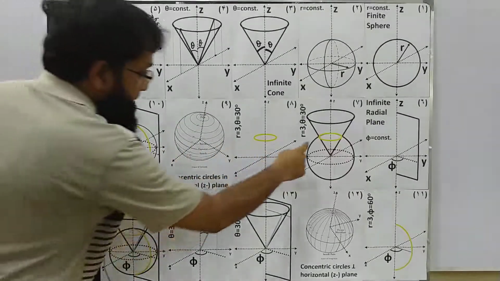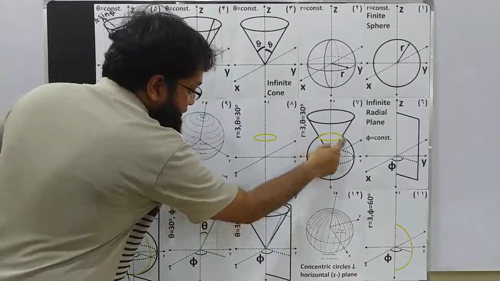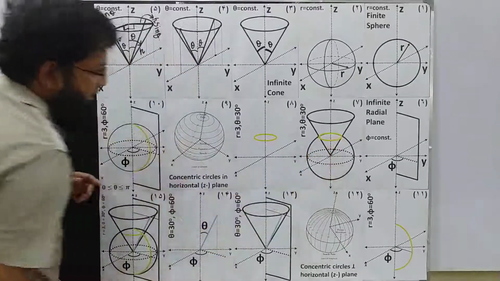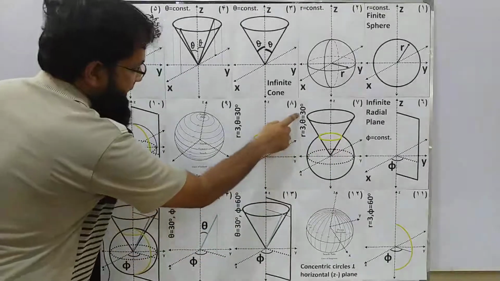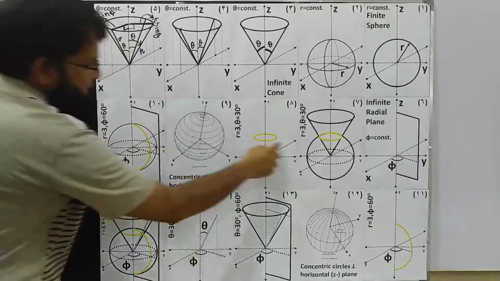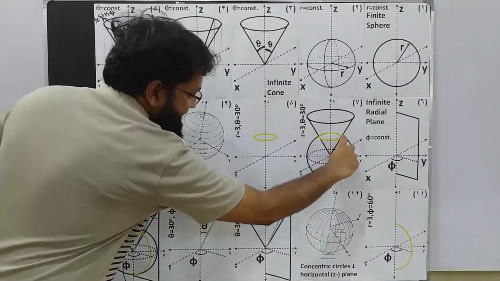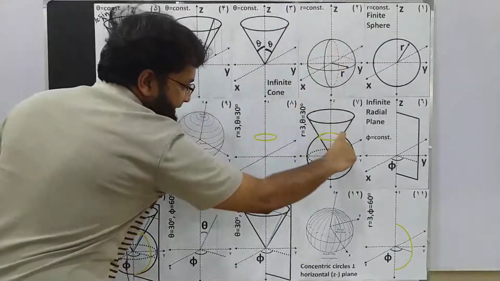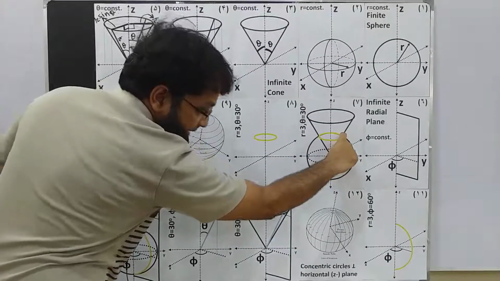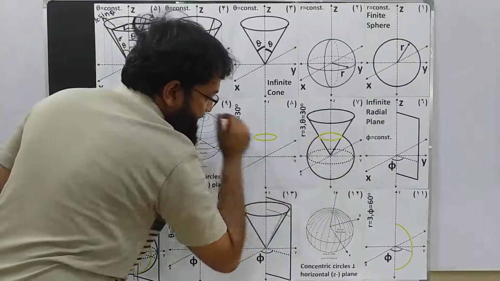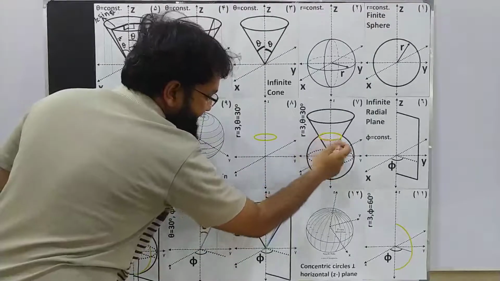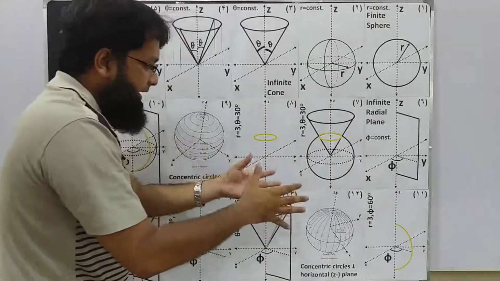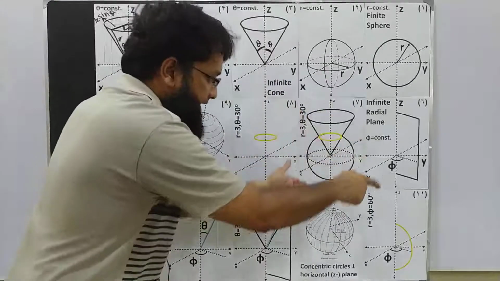Now again, if I want to find the radius of this yellow band, I would need r and I would need theta. R sine theta is the radius. Although the cone is infinite, this length is r, which is the radius of the sphere, because this yellow line lies on the intersection, meaning this yellow band is simultaneously on both the cone and the sphere.